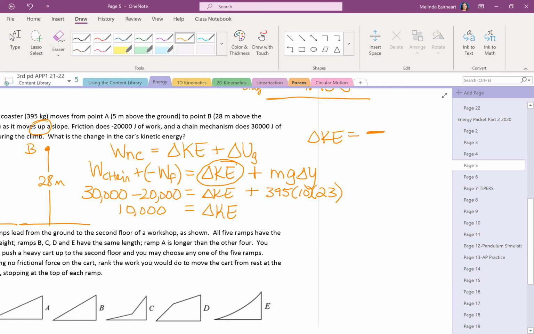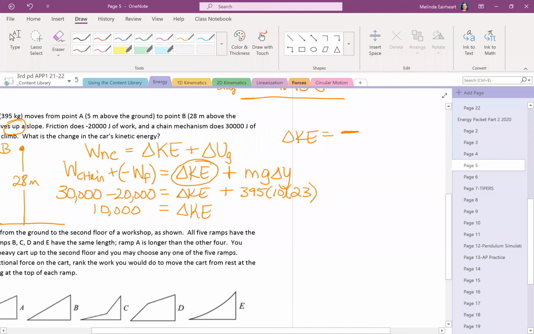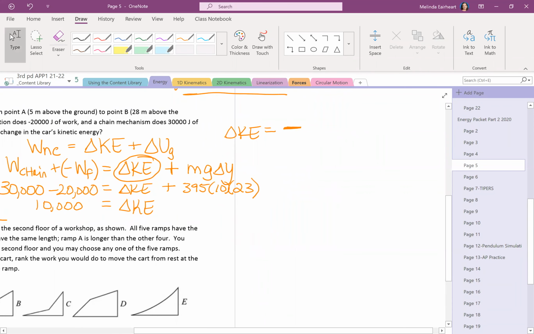So let me know what you get when you get it. $80,850, and it should be joules. Everybody stated SI units.